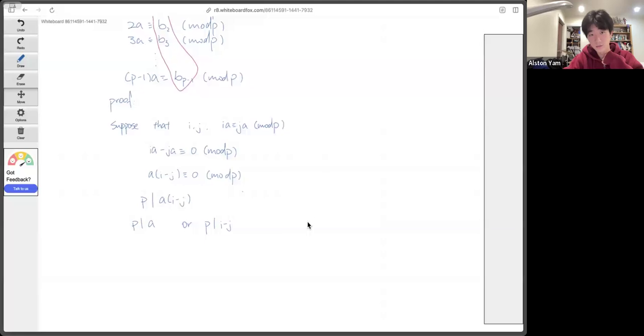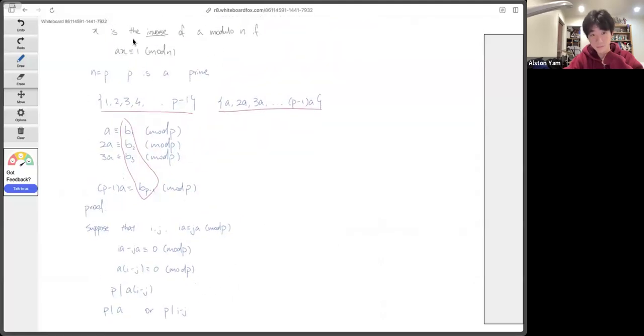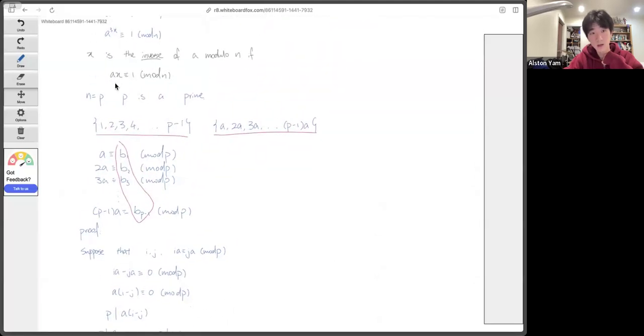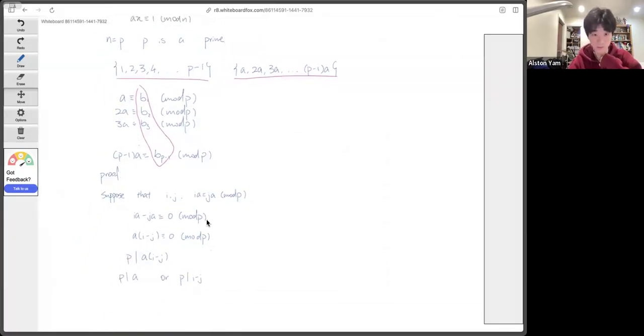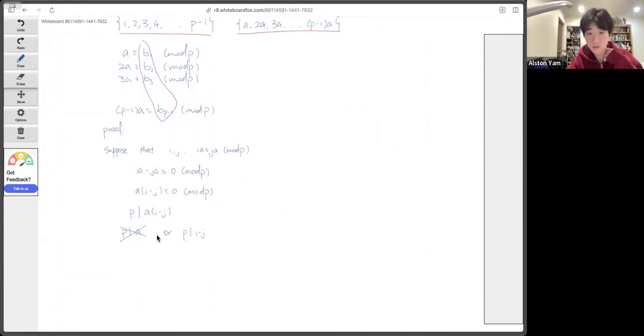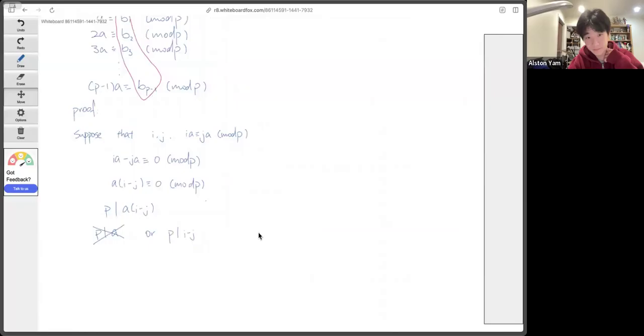And our assumption for this case over here is that a is coprime to p. Okay, a is coprime to p. So this case will not happen because p cannot divide a.